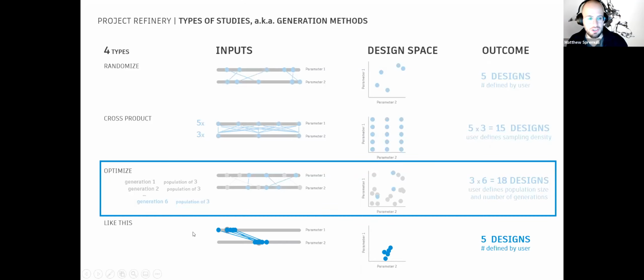The real magic comes in the optimization. This is the one where the software uses a genetic algorithm. Everything else is just optioneering. There's automation, but there's no decision making by the software.